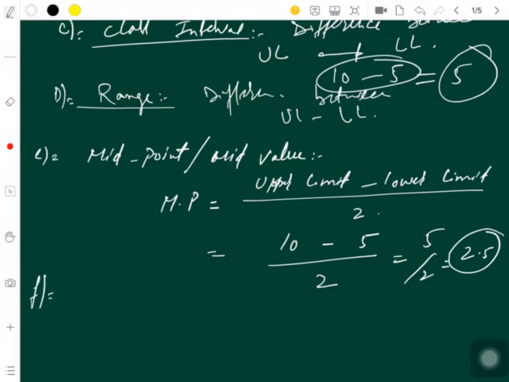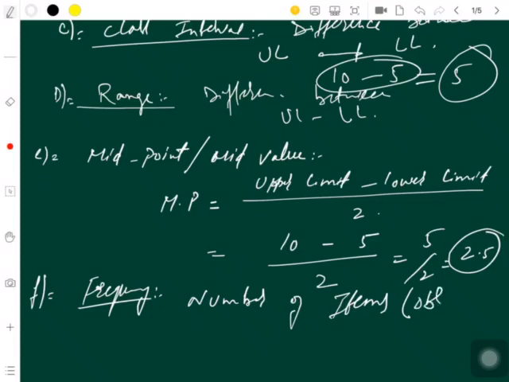And one more term is frequency. I have already explained it. The number of items or observations falling in a particular class, or the number of times a particular element is repeating. In the language of class, the number of items, meaning observations, falling within a particular class.